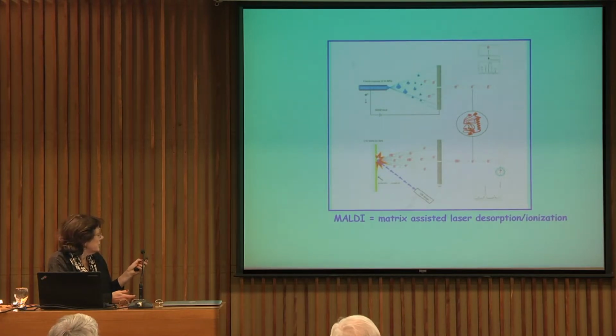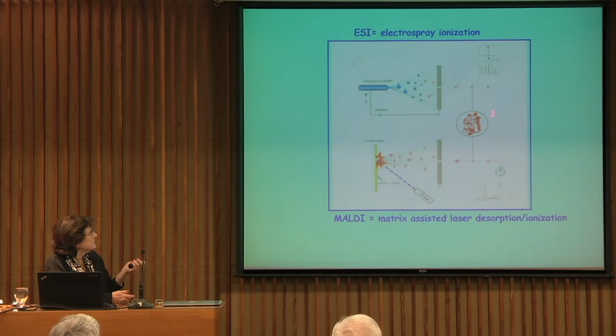In the case of electrospray ionization, you see here the tip that is kept at a high voltage, and the liquid sample, the solution of the sample, passes through the tip, and it is sprayed and ionized, and these ions are separated through the mass-charge relationship, and you have this type of spectrum.